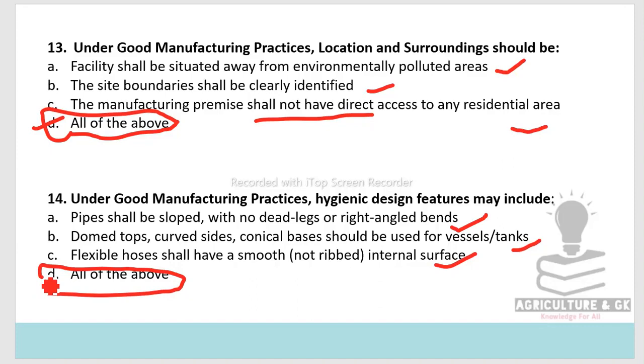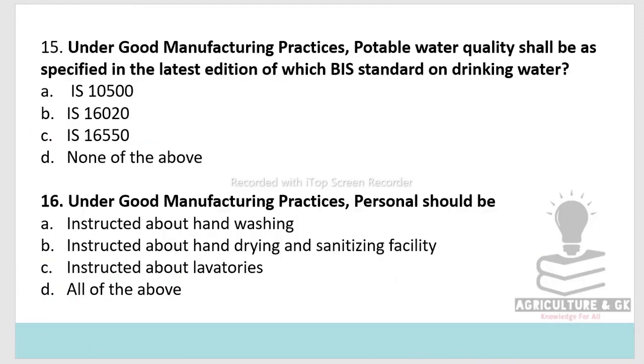Under good manufacturing practices, that is our GMP, hygienic design features should include pipes that are sloped with no dead legs or right angle bends, dome tops, curved sides, conical bases which are used for vessels or tanks, and flexible hoses with a smooth internal surface. Here our answer is option D, all of the above. Now moving next.